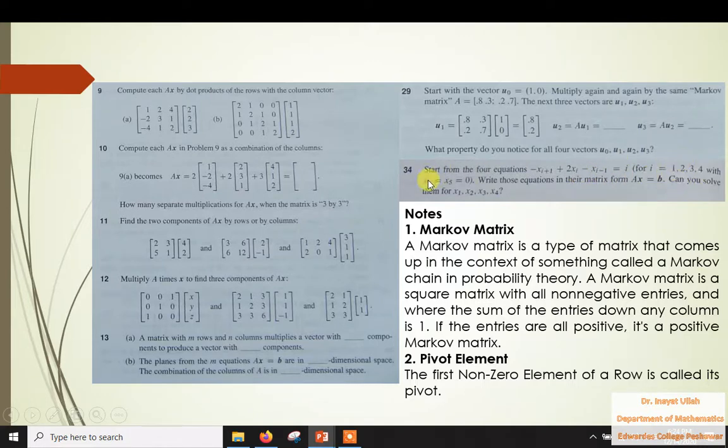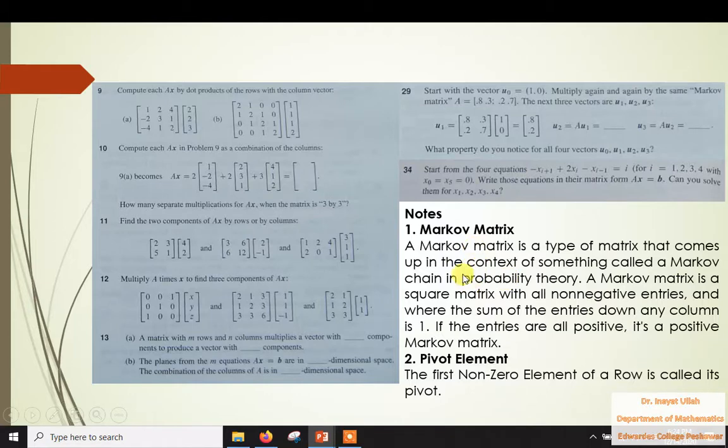With x0 and x5 equal to 0, write those equations in their matrix form, that is, Ax is equal to b. This side will be A and x, and that side will be b. Can you solve them for x1, x2, x3 and x4? That is question number 34.